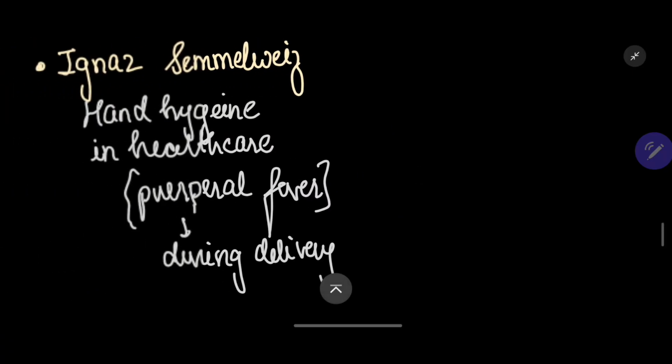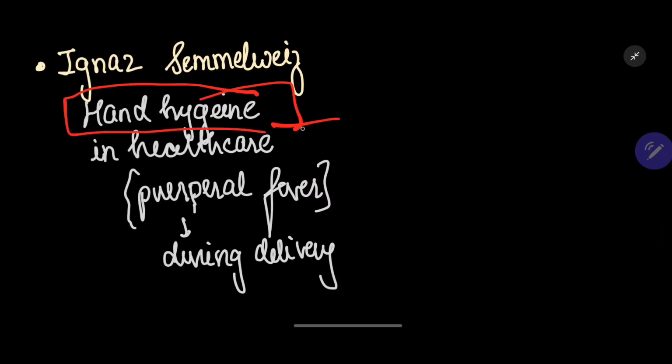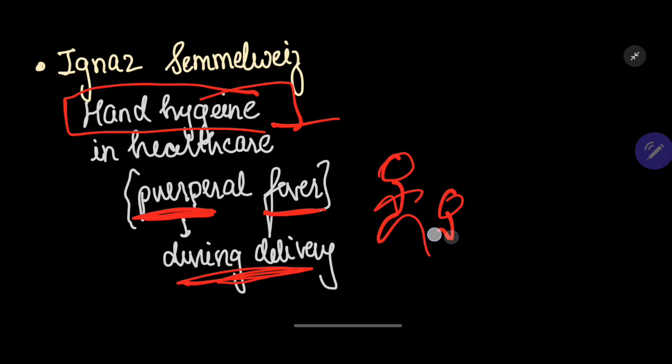So he discovered that the babies are dying because of poor hand hygiene of doctors. And there was this fever, which is puerperal fever during delivery, that the women were having, and the women and the children both were dying. So this guy was like, we need to wash our hands.